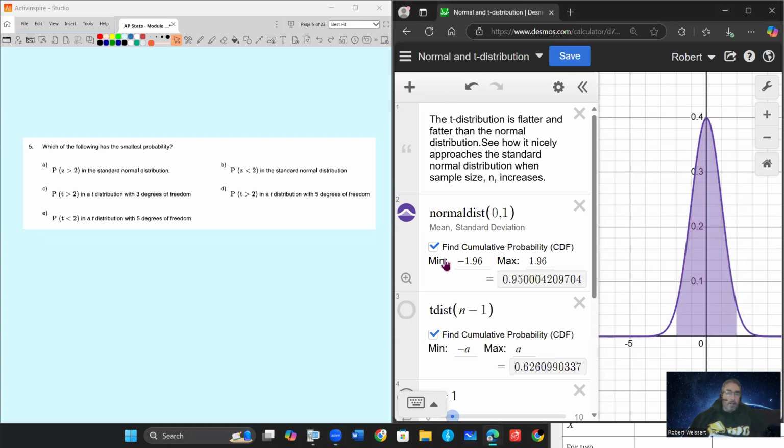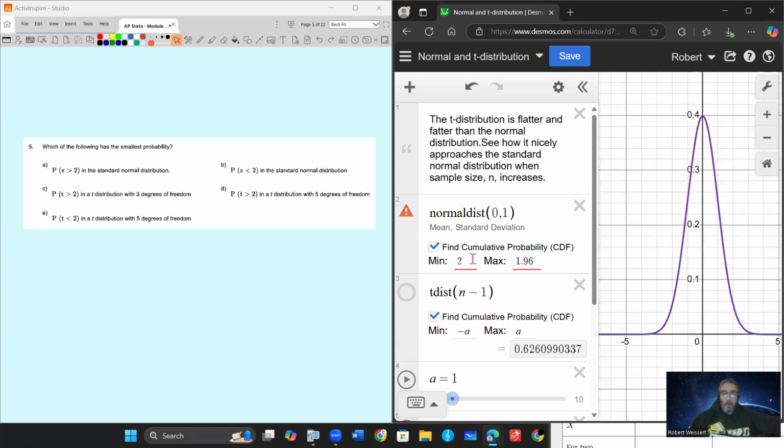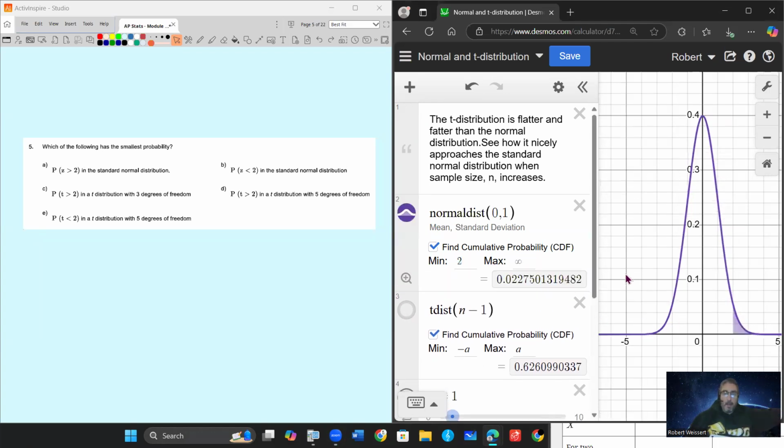You can use normal CDF and TCDF to do these. For the probability that z is greater than 2 in a standard normal distribution, I make my minimum 2 and my maximum infinity, and I'm going to get a probability of about 2.27%.